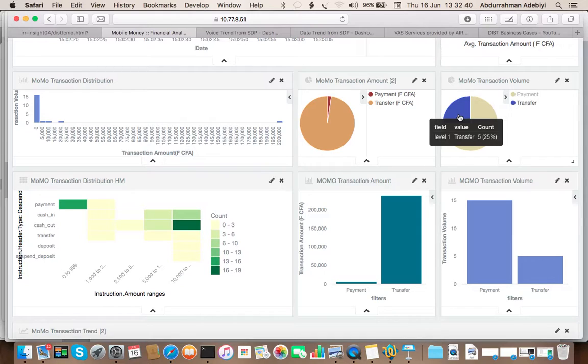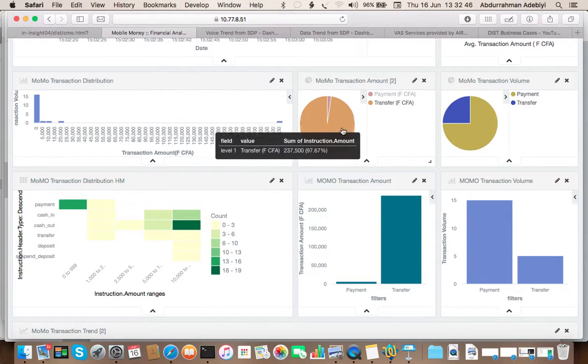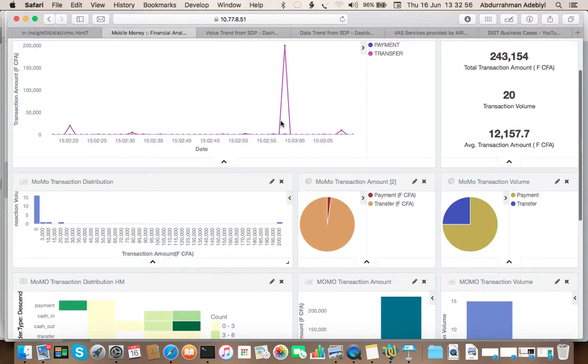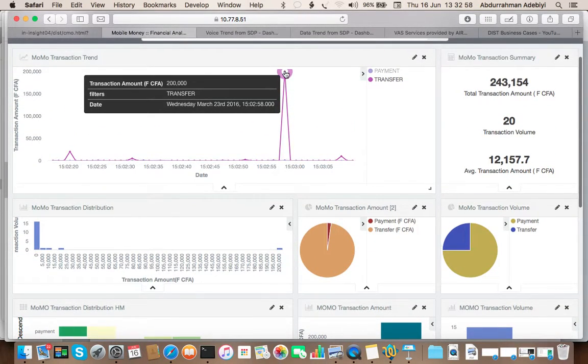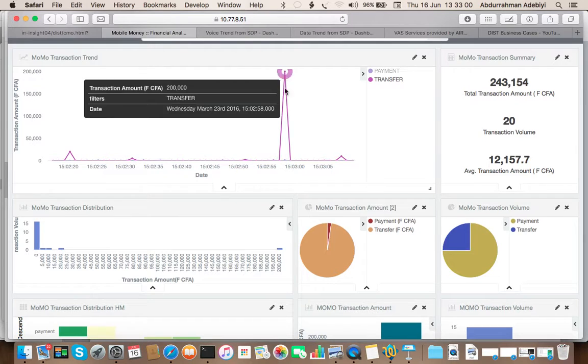Which raises a question. Just one transaction resulted in this huge transaction amount, and this could typically be seen from right here as well. The transfer was huge.